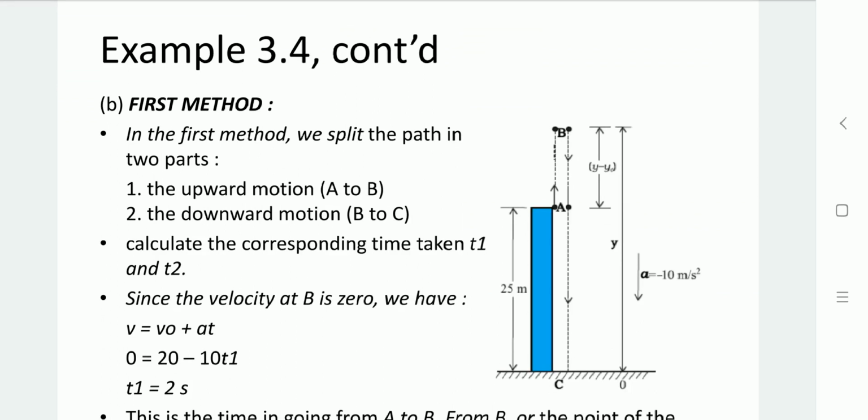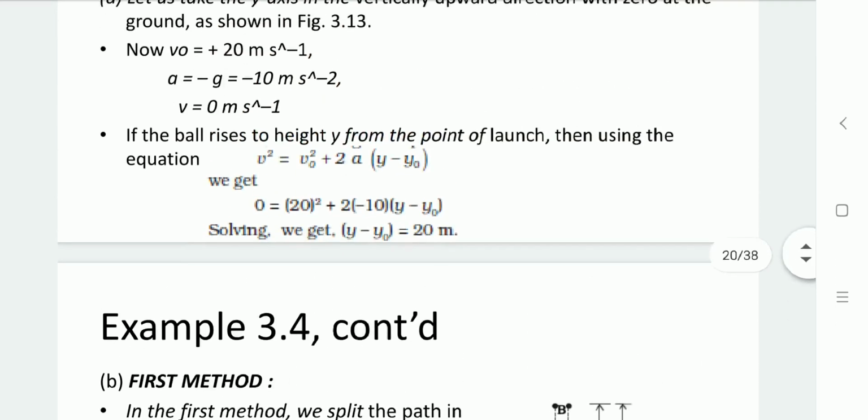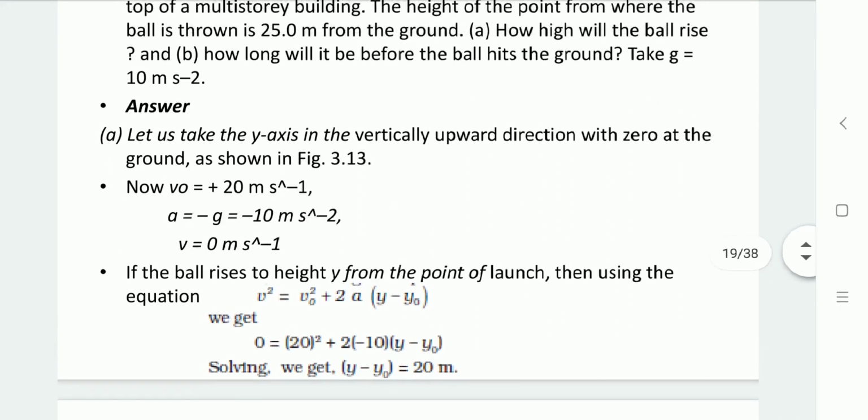So the distance is y minus y0. Let us place these values over here, and we have the equation v square equal to v0 square plus 2a (y minus y0). Final velocity v is 0. Initial velocity is 20 meters per second.